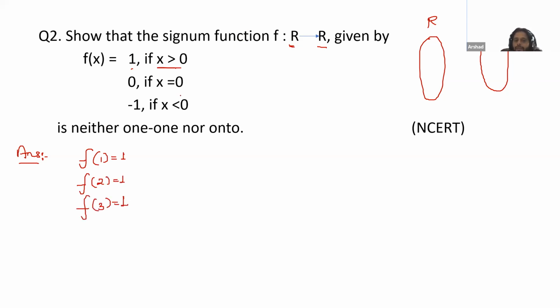So for any value greater than 0, f(x) will be 1 only. If you put 0, then you will get 0. If you put any value less than 0, you will get -1. For example, if you put -2, f(-2), f(-3), f(-4), then you will get -1, -1, and -1.